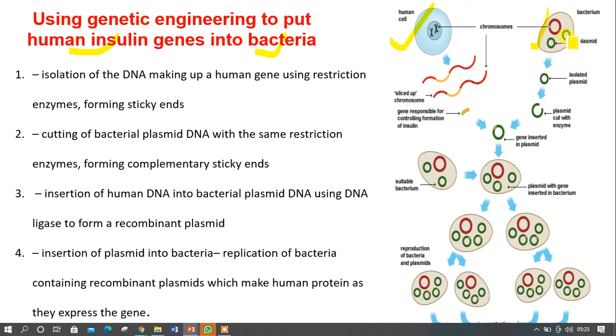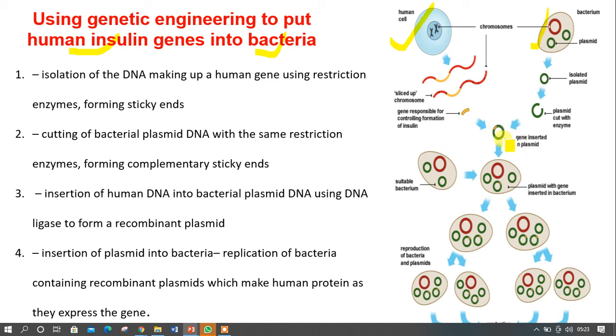The plasmid is also isolated from the bacteria using restriction enzymes.